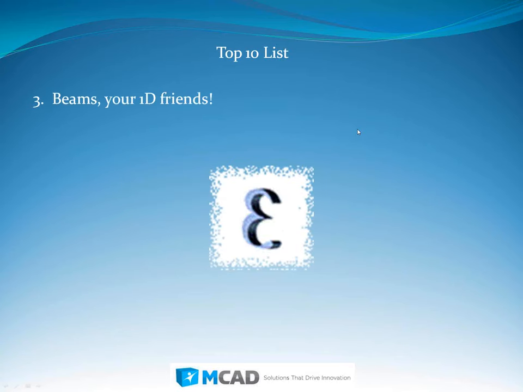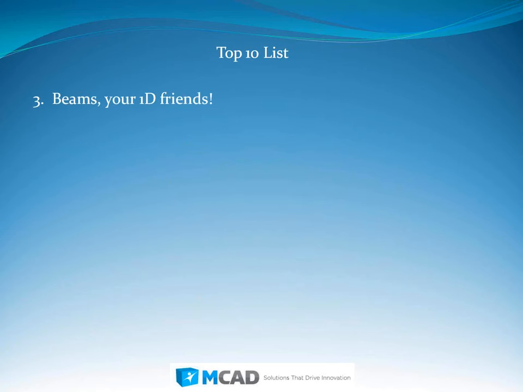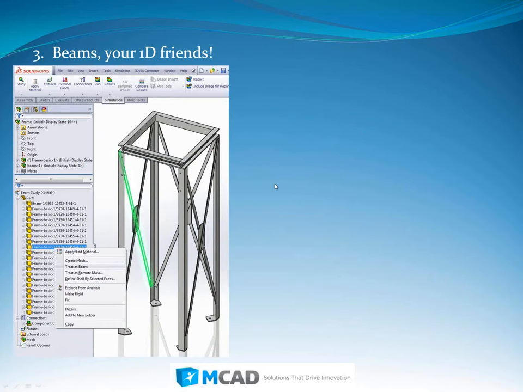So moving back into the slideshow here, let's go to number 3 on the list. Beam elements. If you haven't used beam elements in your simulation, it's definitely worthwhile to consider, because some situations like this frame are very conducive to using beams over solid elements.